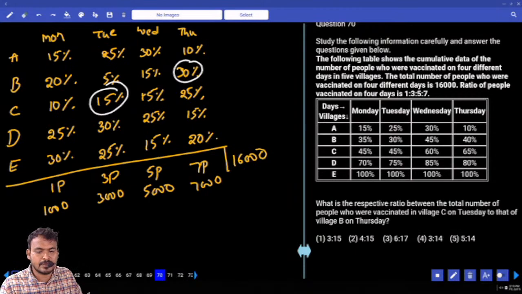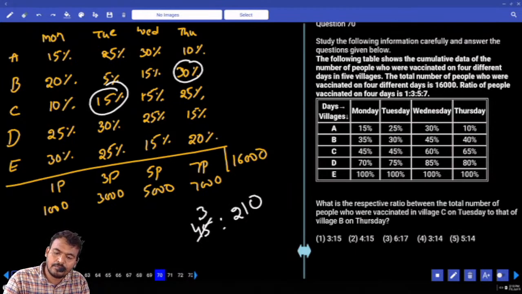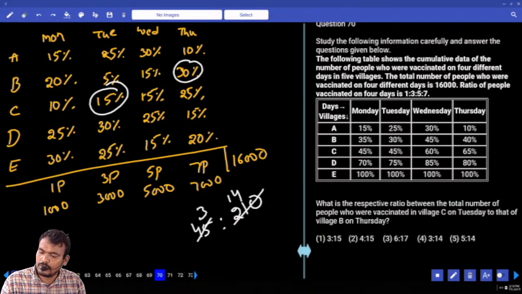One is 15% of 3,000. Nothing but 15 into 3. 3,000 to 7,000. 3 zeros cancel. 15 into 3. Another one 30 into 7. 210. 15 3 the 15. 14 times. What is the ratio? 3:14.